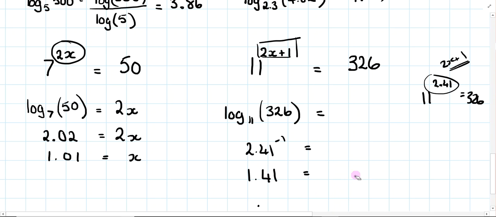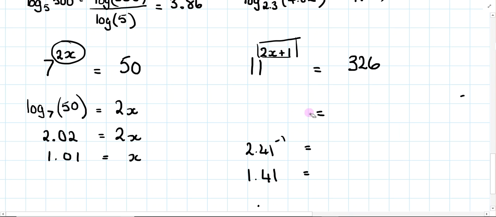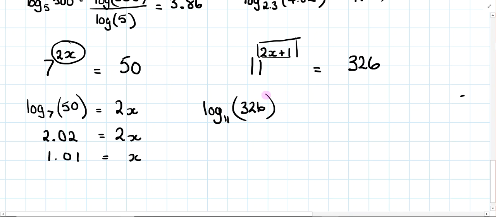Right, let me redo this one for you. Did you get the other one, the 2x one? Okay. So the statement that I'm making is, just in case anyone else, I know to work out a power I have to do the logarithm of that base of the answer, the value, 326. If I do that, I get the power.